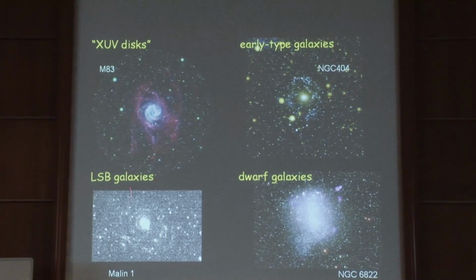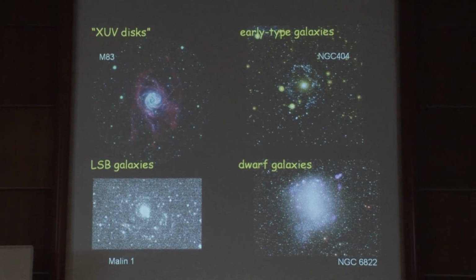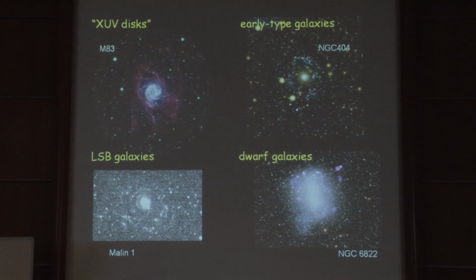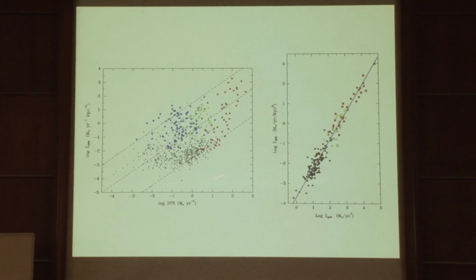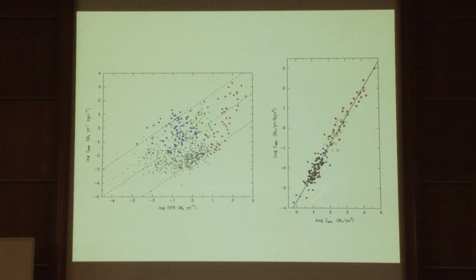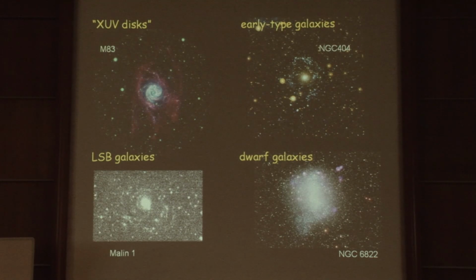An additional advantage is, although these four regimes are similar in that they all occupy this low surface density zone, with low star formation rate per unit area and low column density, in fact, they differ in many other properties. For example, in the dwarf galaxies, the metal abundances tend to be about an order of magnitude lower than in some of these other regimes.